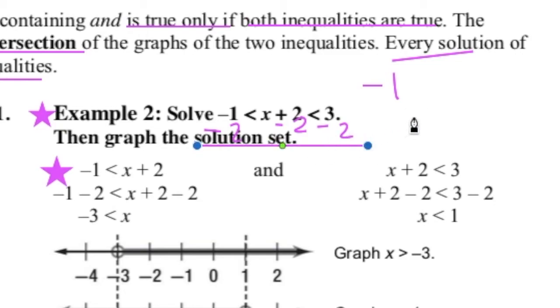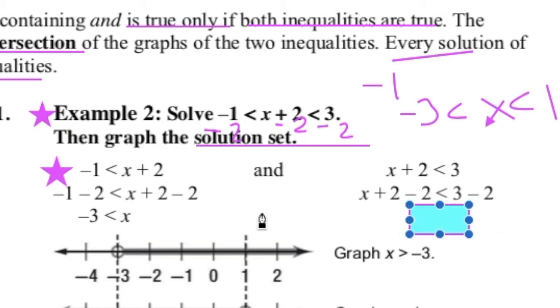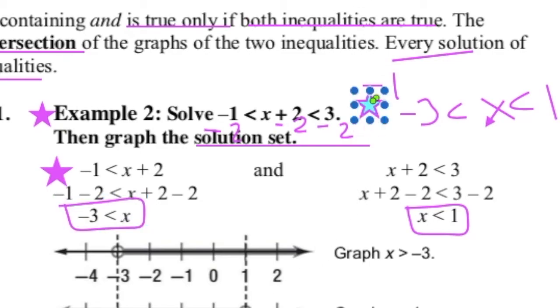And what I have left is -3 is less than x is less than 3 minus 2, which is 1. I got the same answer by separating them out into two separate inequalities, but I just wanted you to be aware of that other strategy that you could use.